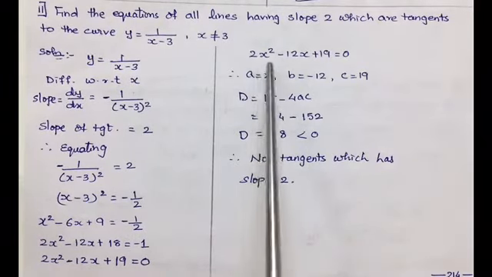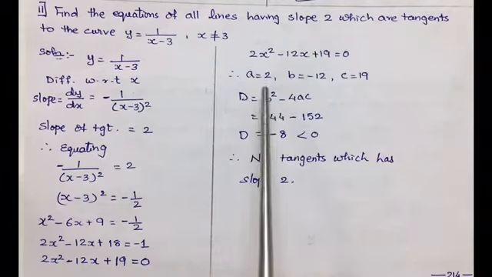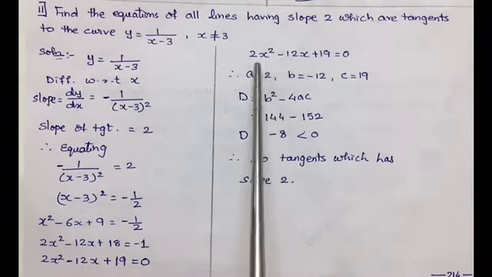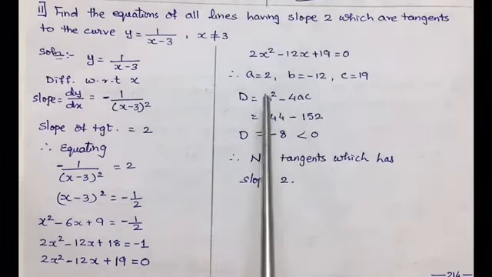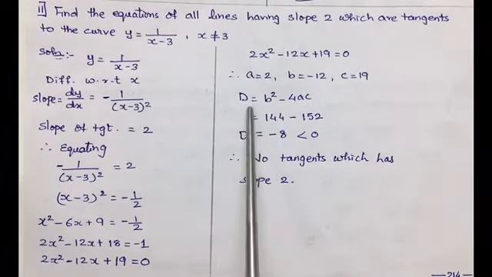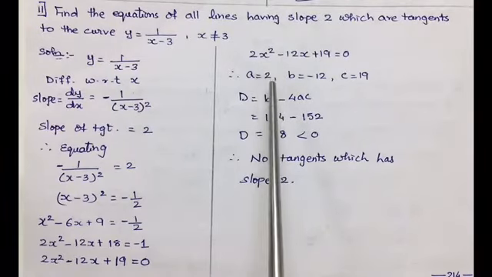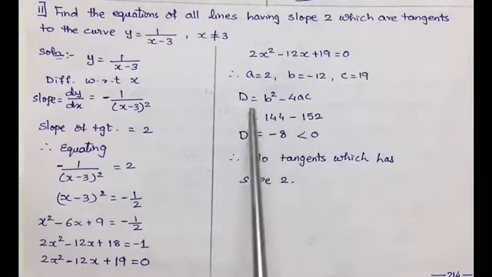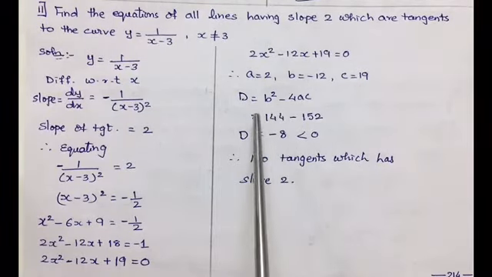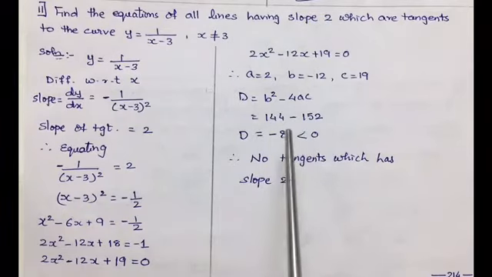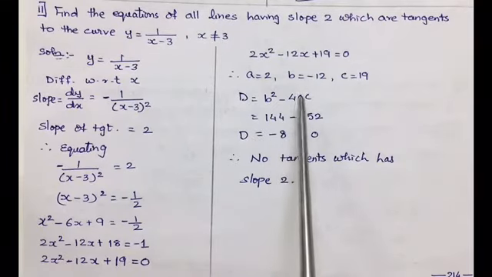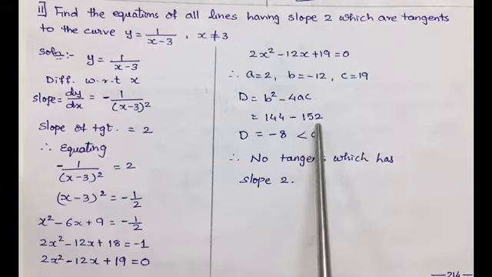Now as it is a quadratic equation, we need to calculate the value of x here. Now as it is not getting directly factorized, we'll be making use of the discriminant formula. So taking a as 2, b as minus 12, c as 19, and putting in the formula D equal to b square minus 4ac, minus 12 square is 144, 4ac we get 152.